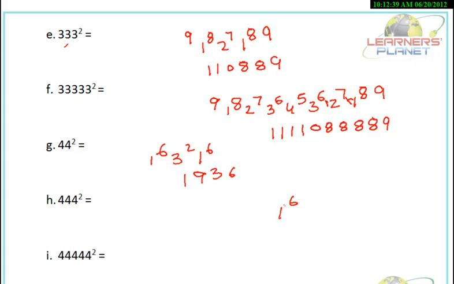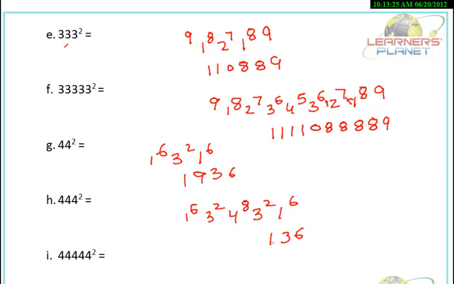It's 16. 16 2s are 32. 16 3s are 48. Then again 32. Then 16. Let's finish the calculation by adding the carryovers. It is 6, then 1 plus 2, 3, then 3 plus 8, 11.